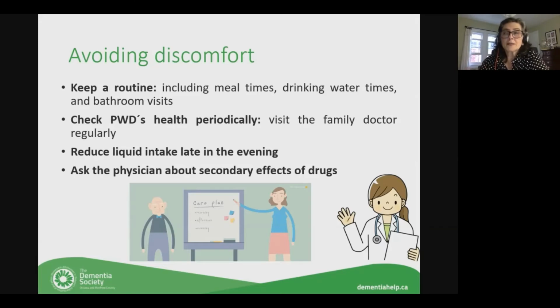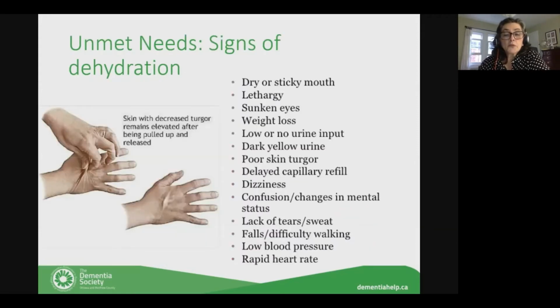So knowing that that's an issue, you can say, well, they're uncomfortable, they're not themselves today. I wonder if there is a side effect of a medication, and maybe that's creating the issue. Of course, dehydration is another, which can create confusion and behaviors that are more unpredictable. So there are some signs of dehydration, and a good test, of course, is to pinch the skin.